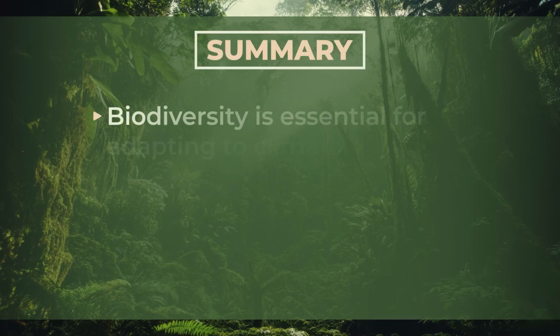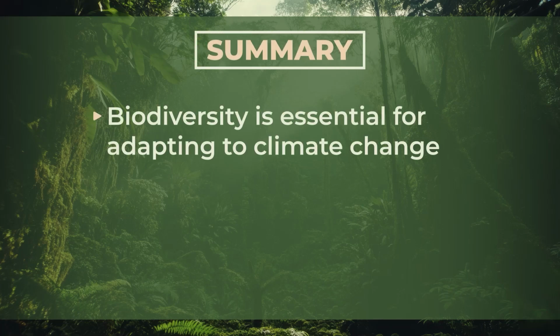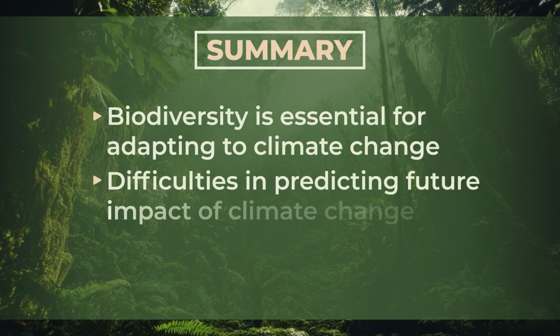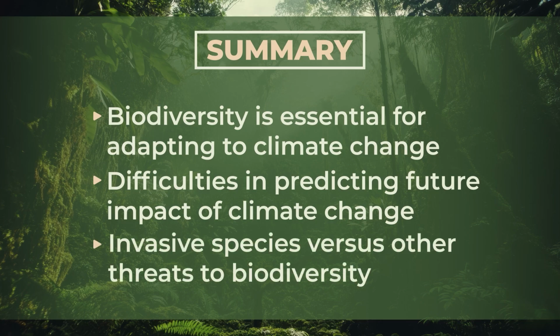We discussed these drivers of biodiversity loss, and we have also mentioned the difficulty that we are experiencing in predicting the impacts of climate change on biodiversity. We have also discussed in detail the invasive species, how the threat from invasive species is different from other threats, and what kind of methodology and strategies we need to adopt to address the issue of invasive species.